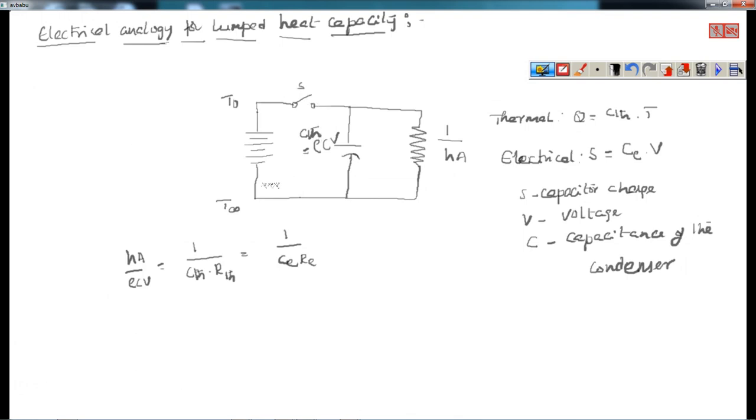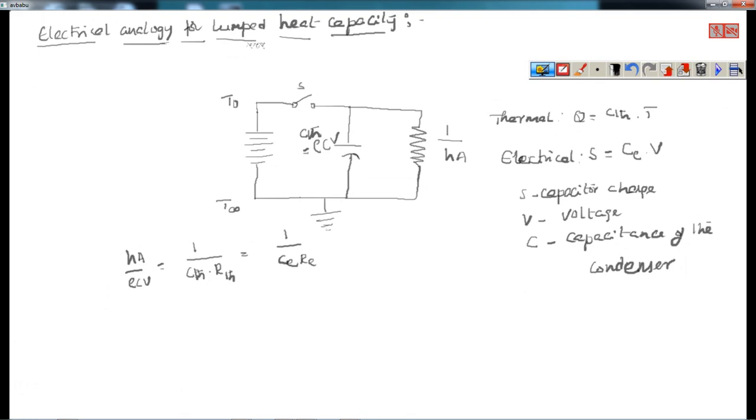The thermal energy is going to be stored at a temperature of T0 in this capacitor. When the switch is opened, the thermal energy is going to be dissipated through the internal resistance in this fashion, to the ground. So this is the electrical analogy for lumped heat analysis.